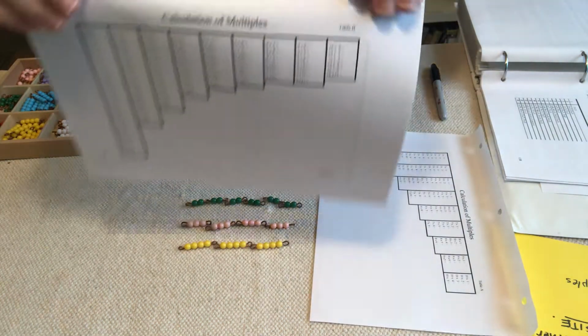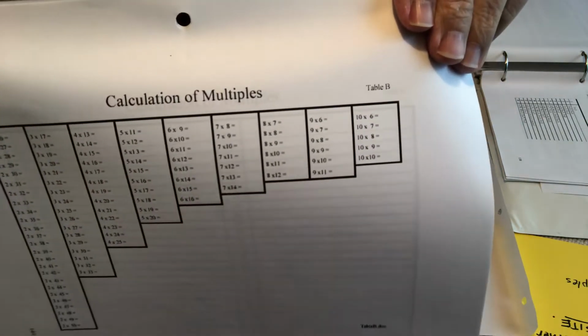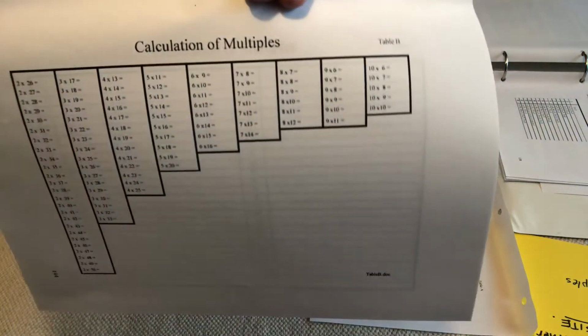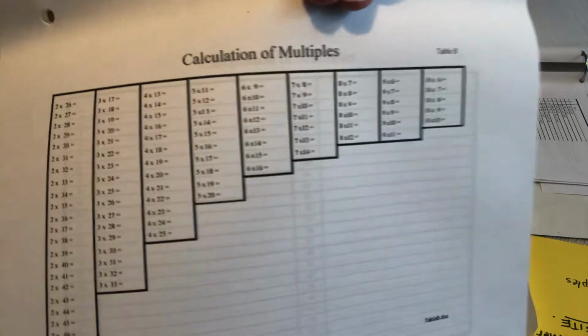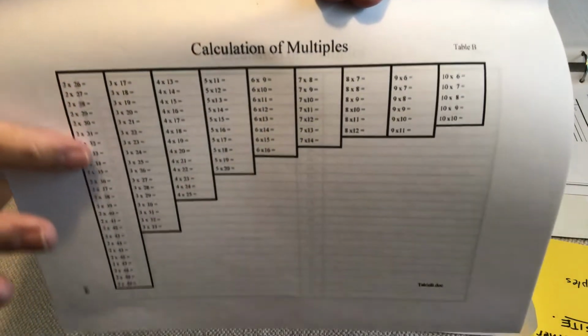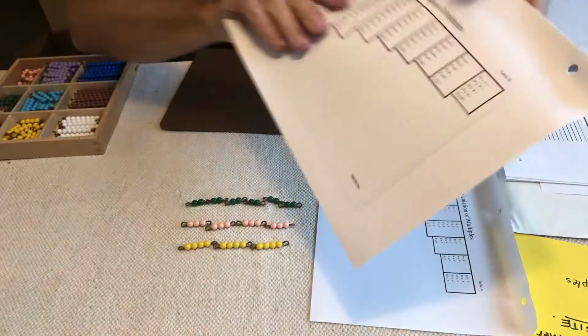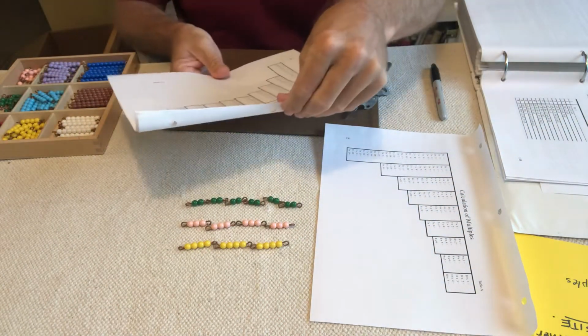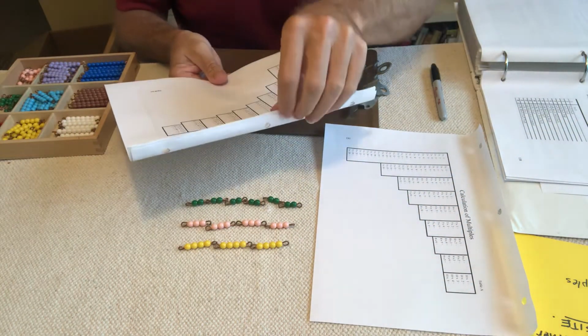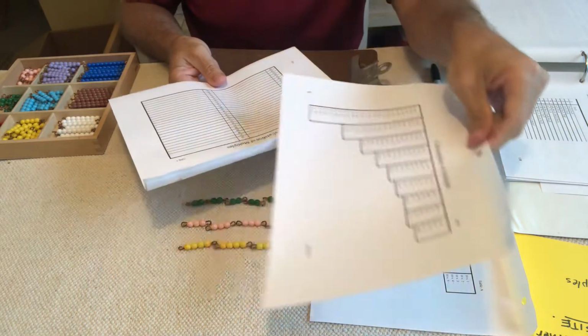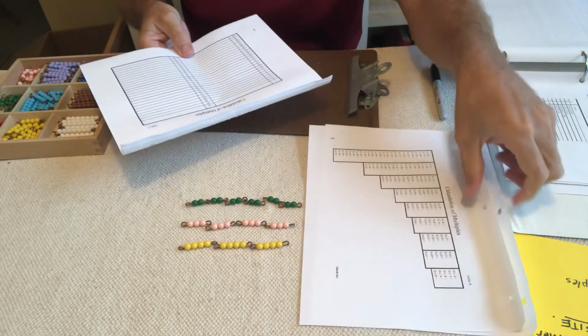And then it keeps going. There's another table called table B. And these are the 2s over here, and then the 3s, and so on and so forth. And I'd like for you to complete both of those tables, A and B.